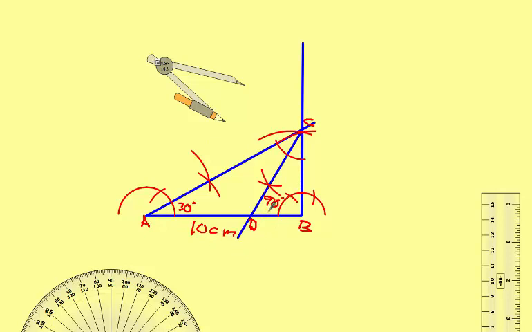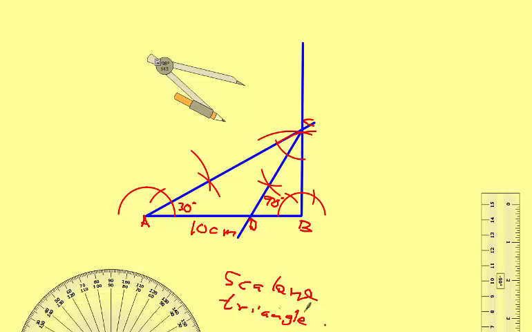Of course, CDA is going to be a scalene triangle. So that's the type of triangle, and that is question 2, number 1.